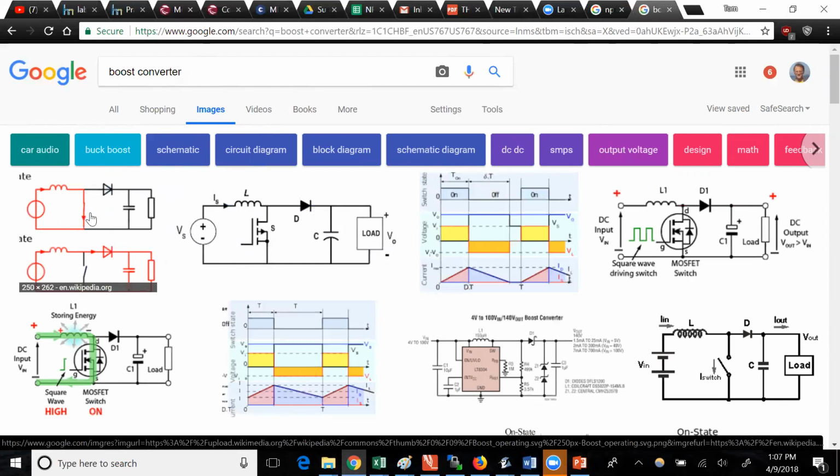You charge up the inductor so it has a current going through it, and then you open the switch. Remember, the inductor current can't change instantly, so where does the current go after you open that switch? It flows right through the diode and charges up the capacitor.